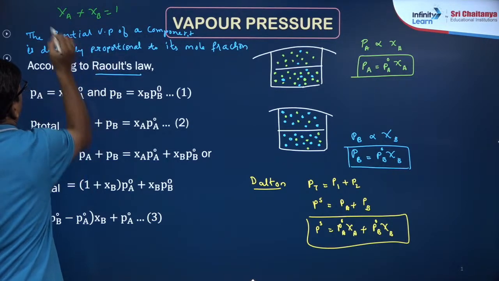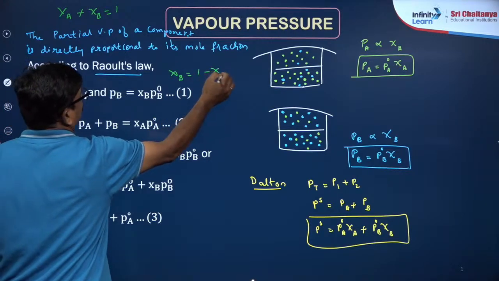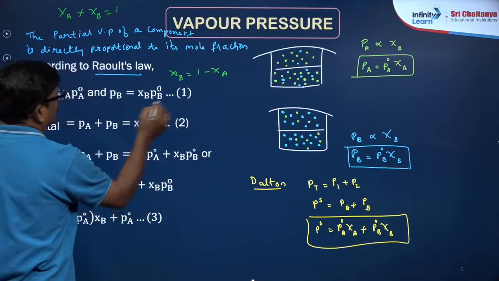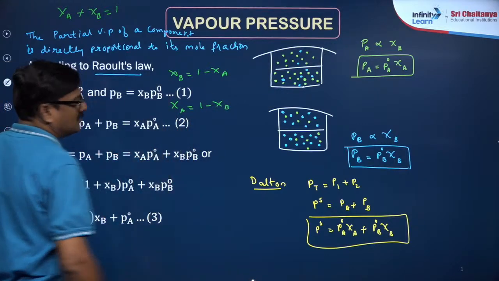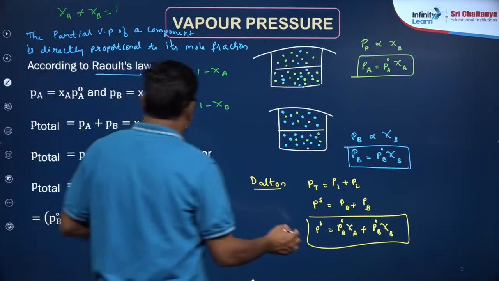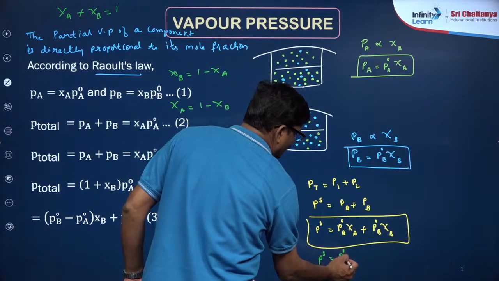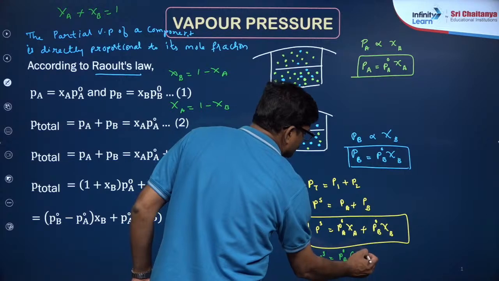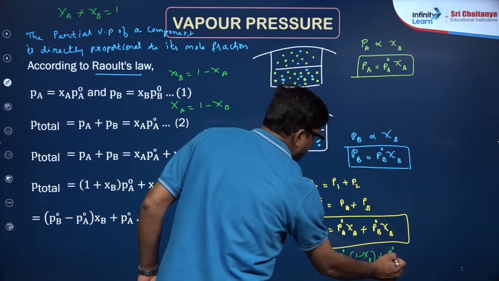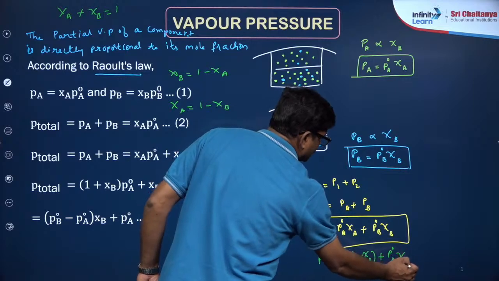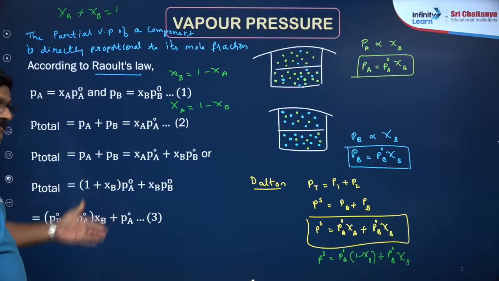So the mole fraction of B is equal to 1 minus the mole fraction of A, or the mole fraction of A you can write as 1 minus the mole fraction of B. So that P is equal to P naught A times (1 minus the mole fraction of B) plus P naught B times the mole fraction of B. These are the equations that are typed and maintained here.